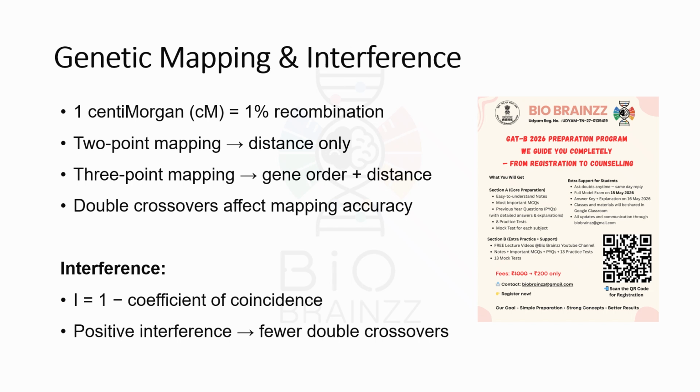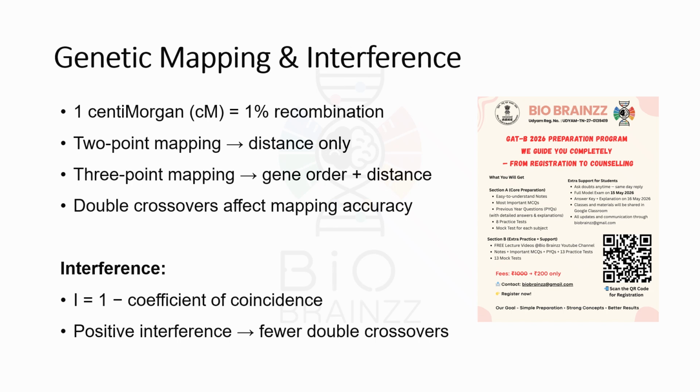Genetic mapping is based on recombination frequency, where one centimorgan corresponds to one percent recombination. Two-point mapping gives only one distance between genes, while three-point mapping helps in determining both gene order and distance.